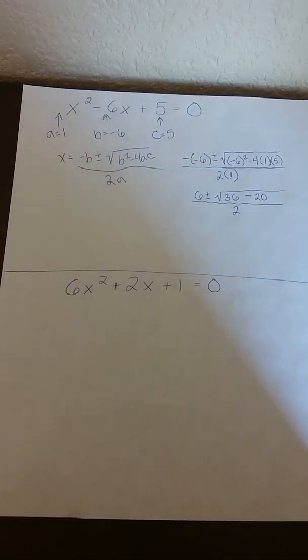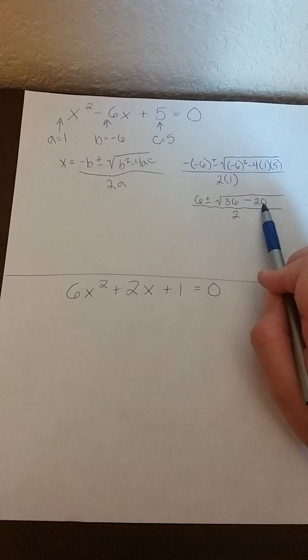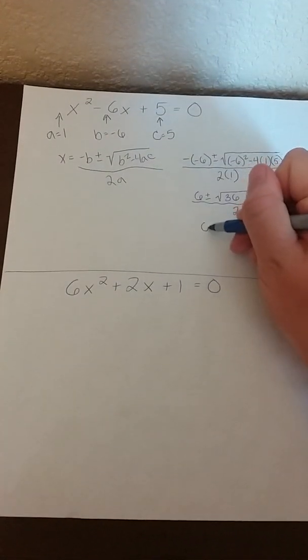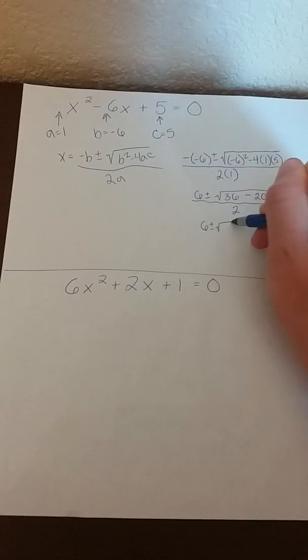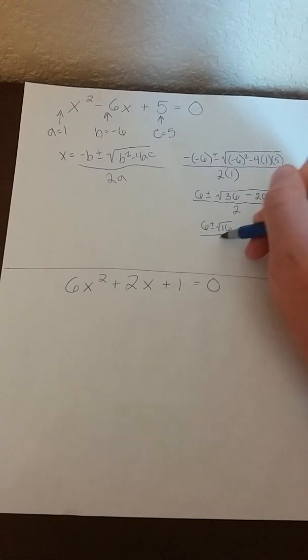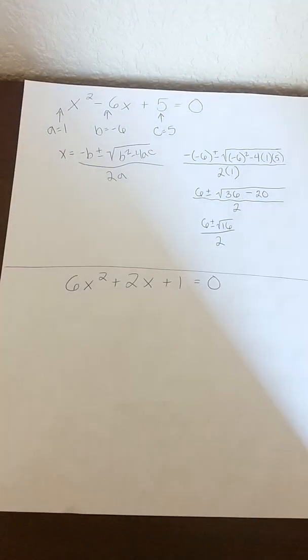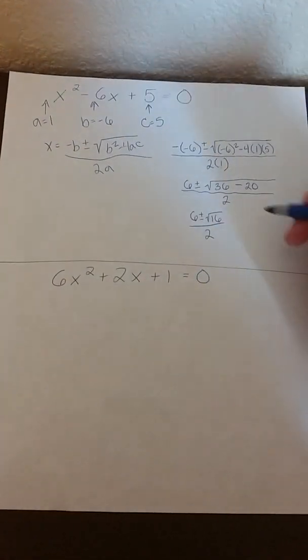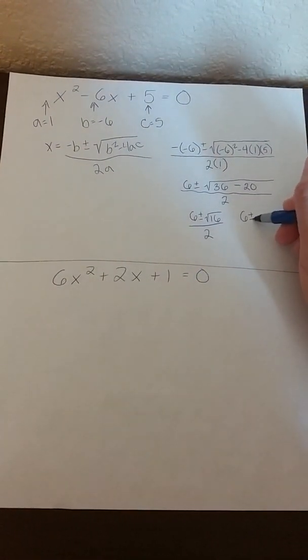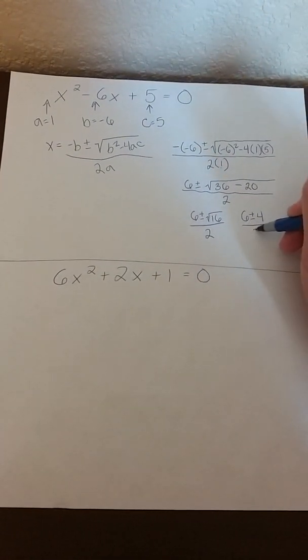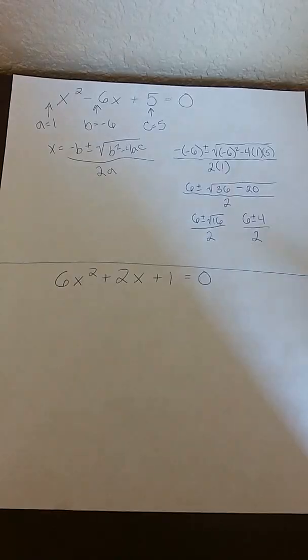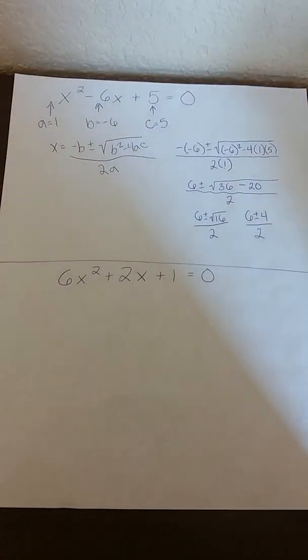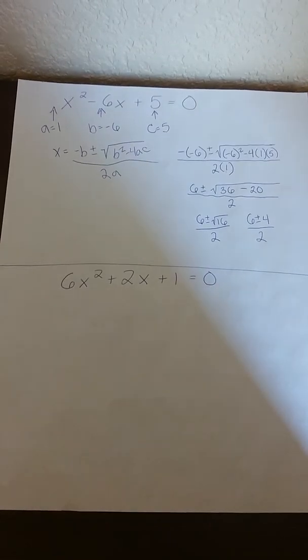I'm going to do the square root now. 36 minus 20 is 16. So this is 6 plus or minus the square root of 16 over 2. The square root of 16 is 4. So this is really 6 plus or minus 4 over 2. Notice once I found the square root of 16, the square root sign is no longer there.